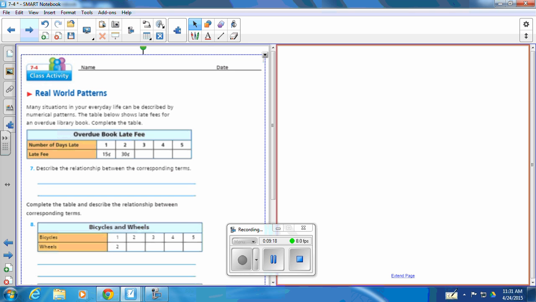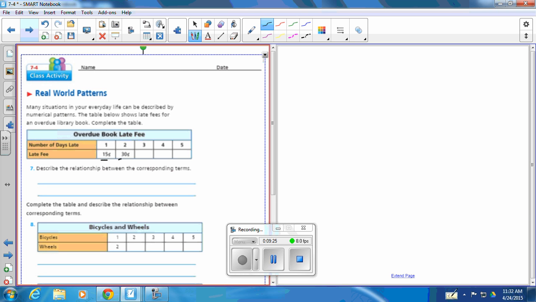So describe the relationship between the corresponding terms. Here are our corresponding terms, 15 cents and 30 cents. What's the relationship between those? Turn and talk. Okay, I heard a couple different choices. Some people said you add 15 cents each day. Totally true.